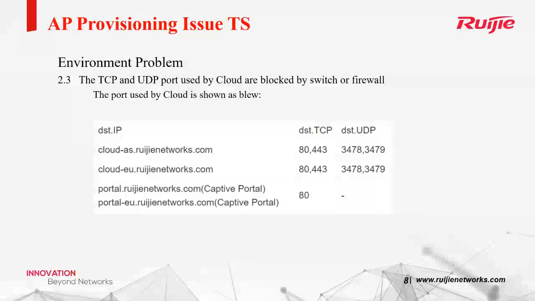Another possibility is that the TCP and UDP ports used by cloud are blocked by the switch or firewall. The ports used by cloud are shown as below: 80 and 443 TCP ports, and 3478 and 3479 UDP ports.